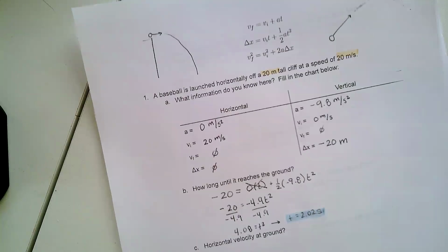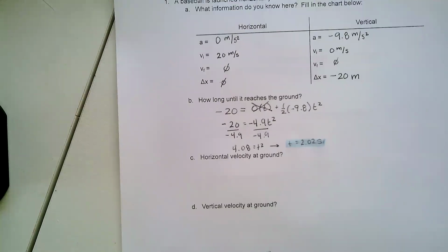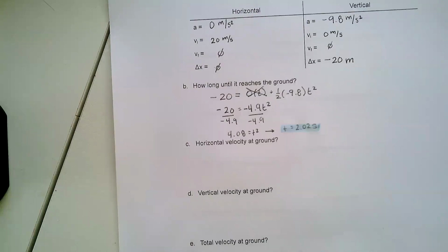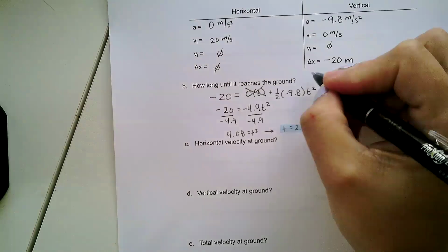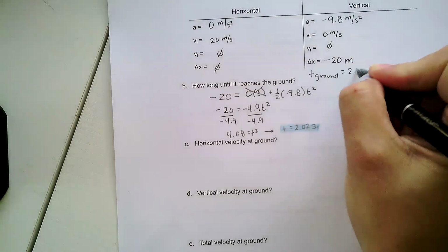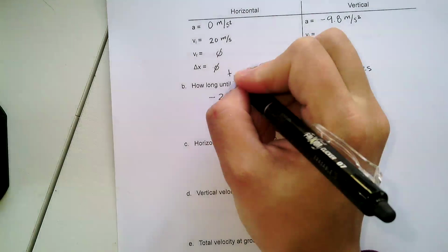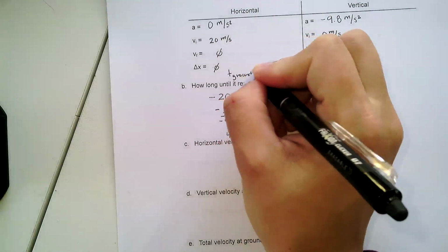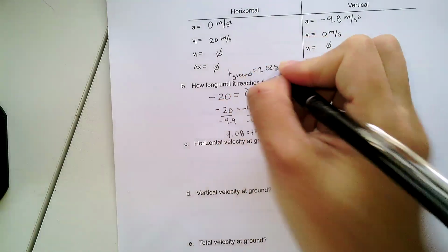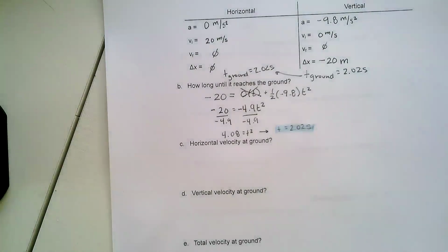All right. Next up, I'm going to ask you, what are the horizontal and vertical velocities at the ground? Now that we know the time to get to the ground is 2.02 seconds, this is the only variable that gets to live on both sides of that chart, because it's horizontally at the ground and vertically at the ground at that time.